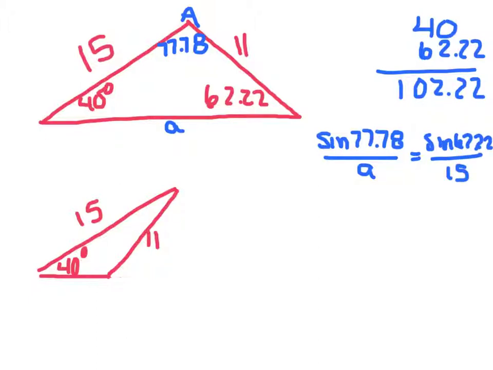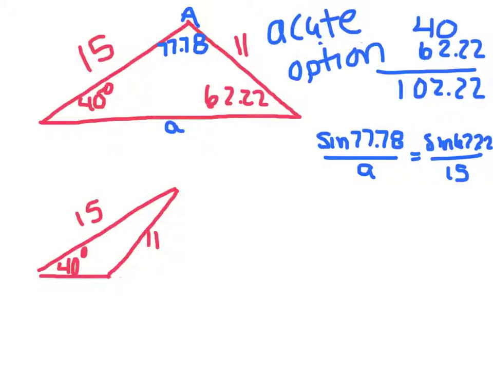You can think of this as the acute option. But if I didn't have the acute option, and I instead had the obtuse option, then the angle down here is my 118 degree angle.